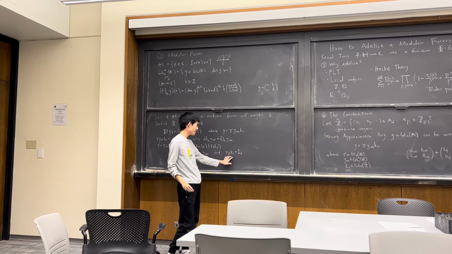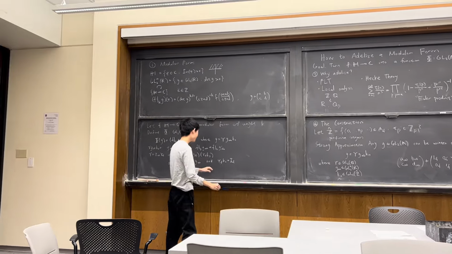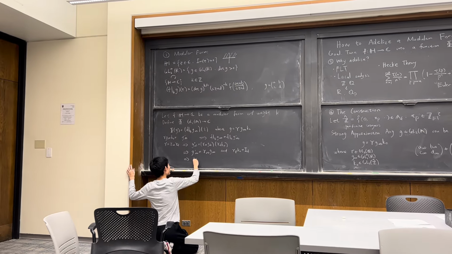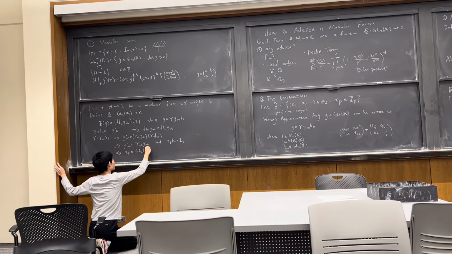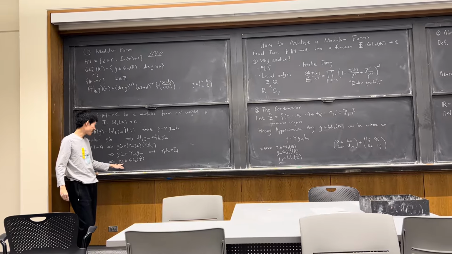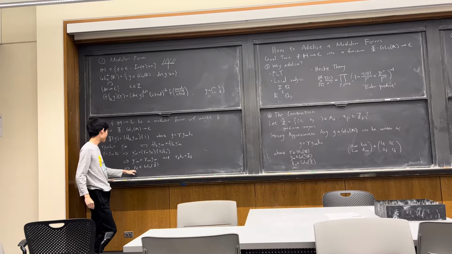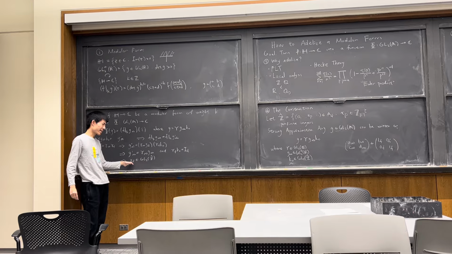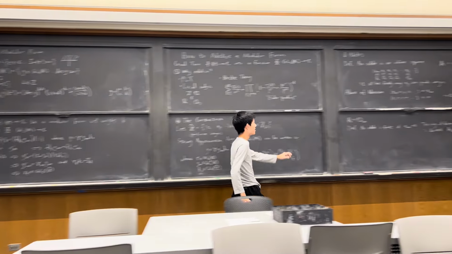Okay, but if I have this, and k0 is an element of GL2(Z hat), so I know that gamma F must also be in GL2(Z hat), which basically means that all of the entries of gamma F are profinite integers. But we also know that because gamma is in GL2(Q), the entries of gamma F also have to be rational numbers.